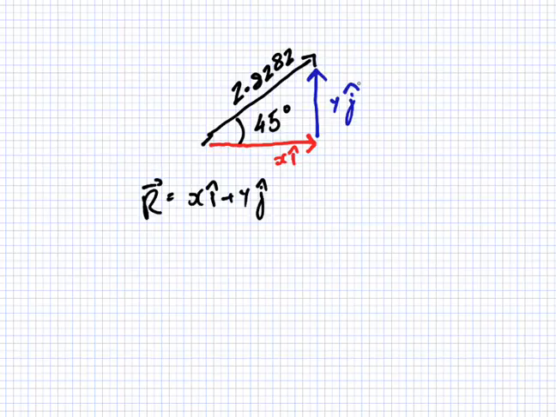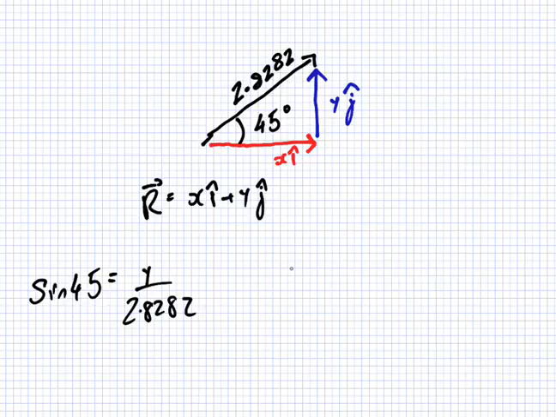Okay, did you get x and y? What did you get for x and y? Yeah. So what you can say here is that sine 45 equals y over 2.8282.